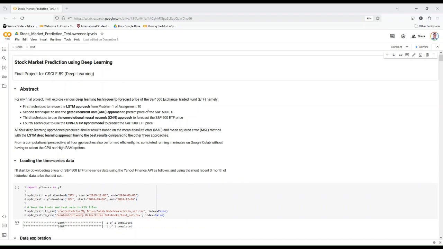And finally, we started off by touching on the computational perspective to run this notebook, and GPU is not required.